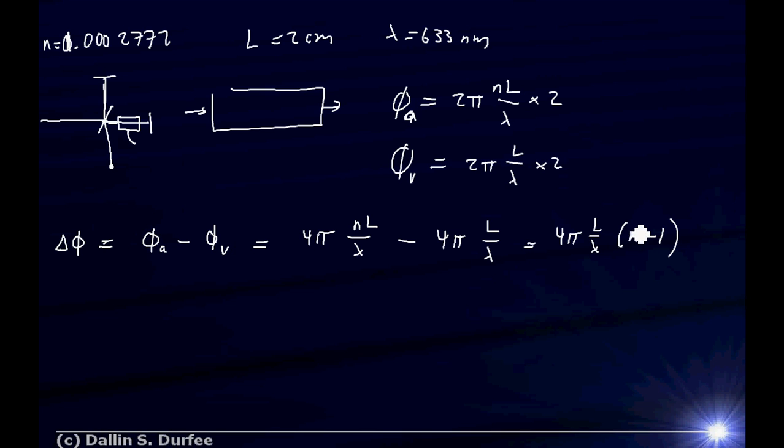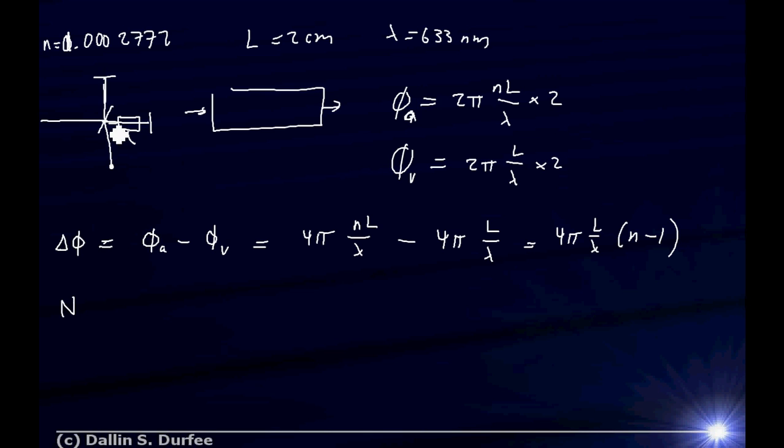Now n is very close to 1 for air, right? So this phase shift, the amount that the phase of this beam changes when we suck the air out, is going to be really small, right? But that's the beauty of an interferometer. It's very powerful. It can measure very small changes in phase. How many dark fringes are we going to go through?